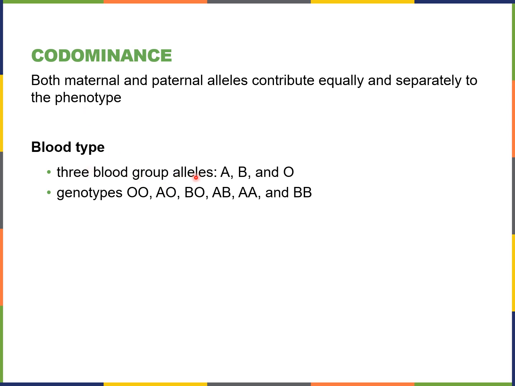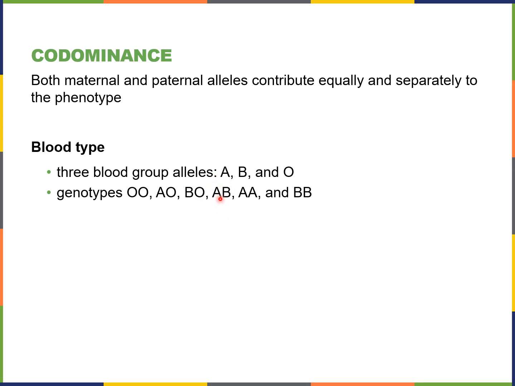So there are three different blood group alleles, A, B, and O, and the genotypes are as follows. So we have OO. O is actually recessive. So here we have a homozygous recessive. Here we have AO, and since O is recessive, it's just A. BO, which would just be B. But here, A and B are actually codominant.